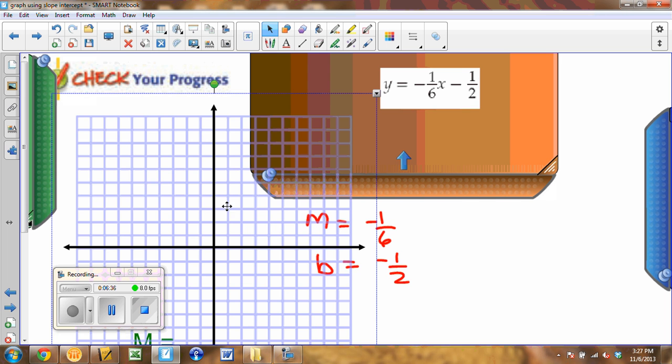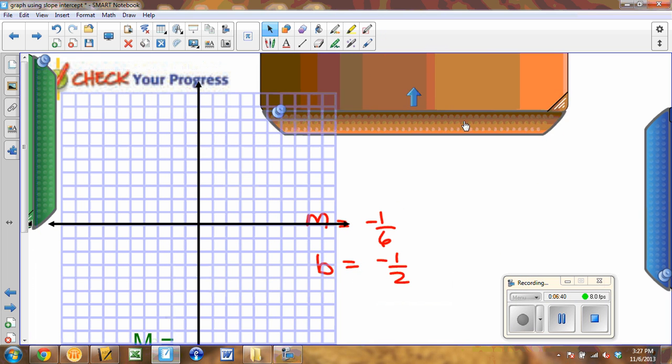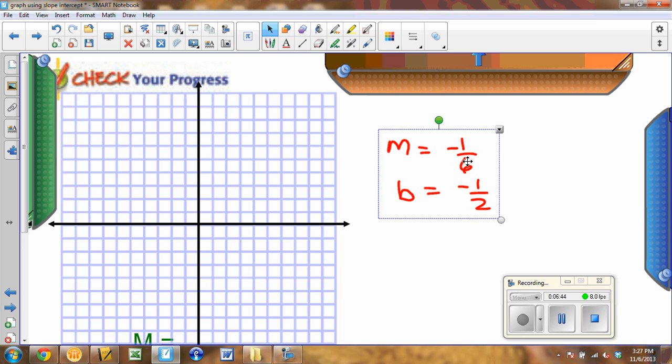There's a couple of ways I can do this. I could just guess and put my half halfway in between, which I think I'll probably do because half's pretty easy to do. So a negative half is going to be about right here.